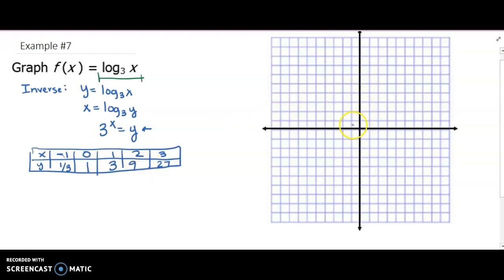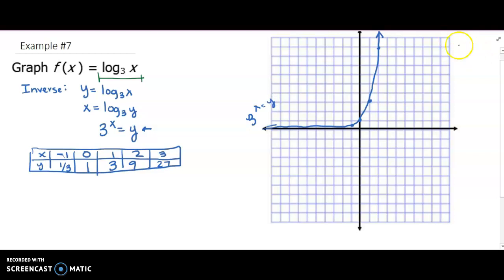Okay, so if I graph this, 0, 1, 1 goes to 3, 2 goes to 9, and I'm pretty much going straight up. So just like we know in exponential, I follow along right here, and then I cross, and then I go almost straight up. Okay, so this is the line 3 to the x equals y.